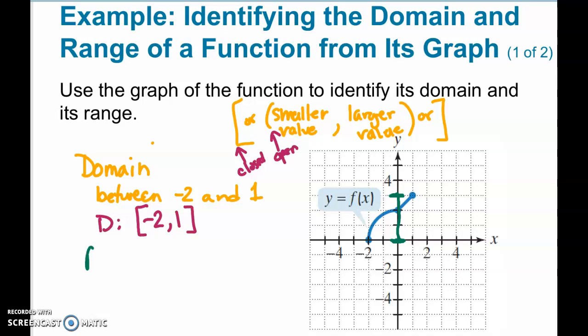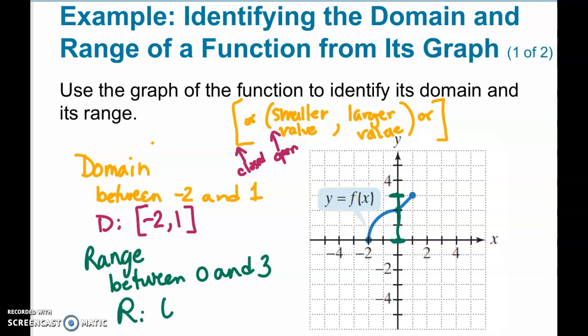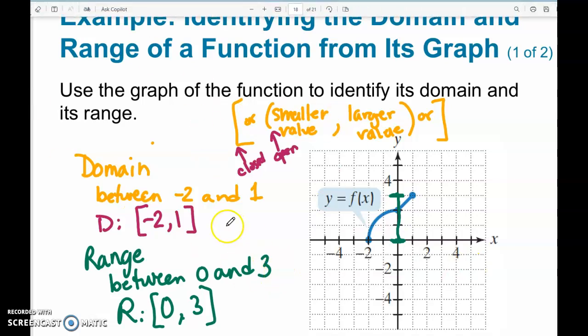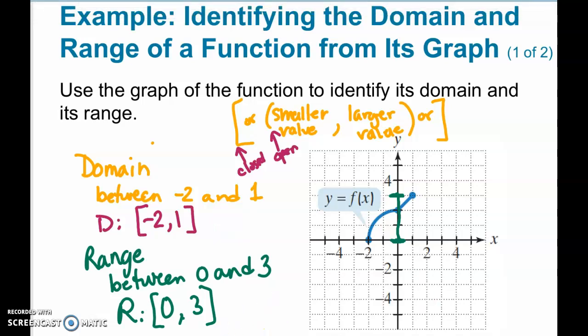So the range would be values between 0, remember I'm looking at the y-axis, and +3. So the range would be from 0 to 3, including both endpoints because of those solid dots. So this is the domain and range here.